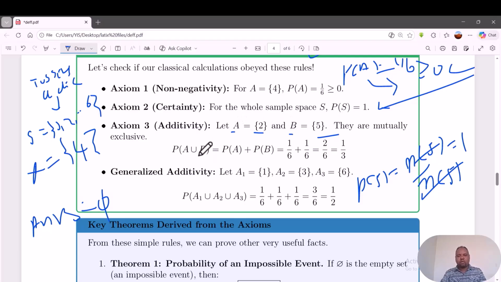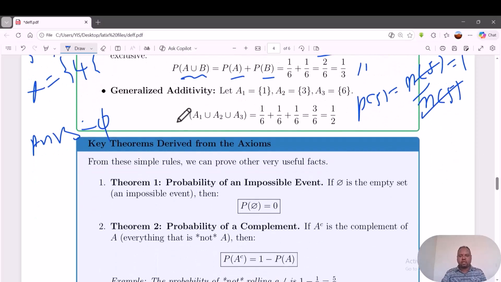So the probability of getting either A or B is the sum of the probabilities of these events. The probability of getting number 2, or event A, is 1 over 6. The probability of getting event B, which consists of number 5 as its entry, is 1 over 6. Then this sum is equal to this one, right?